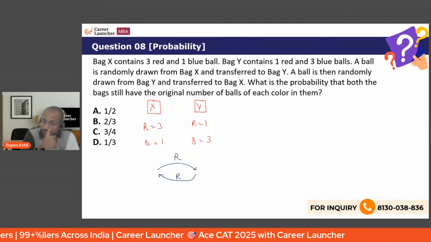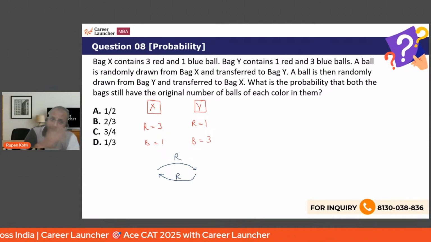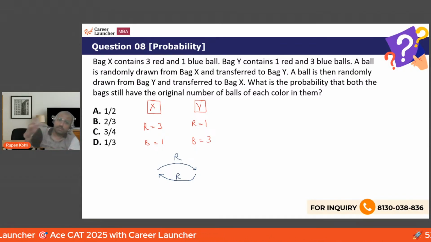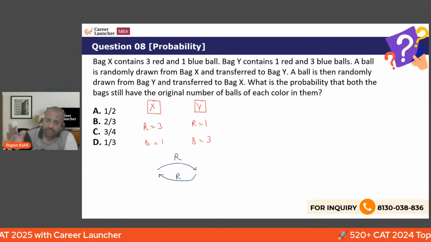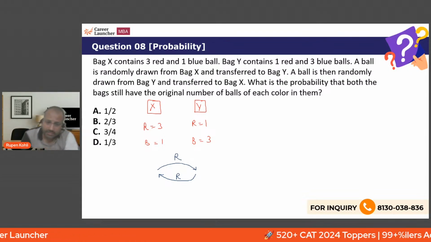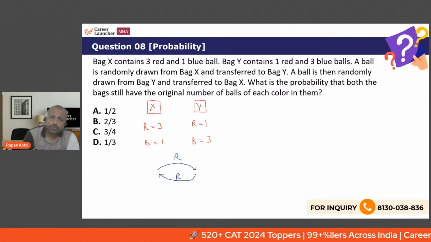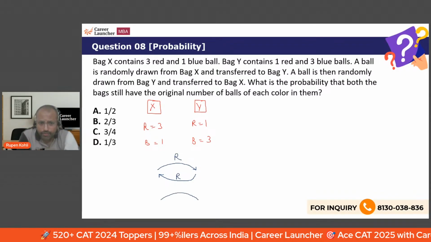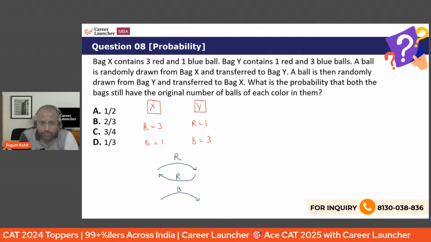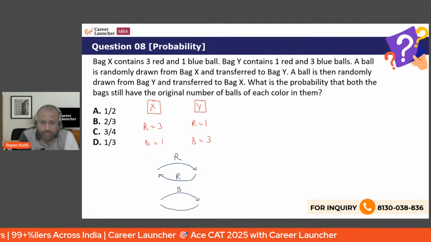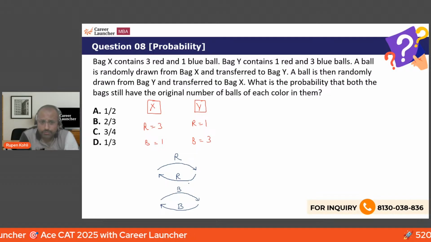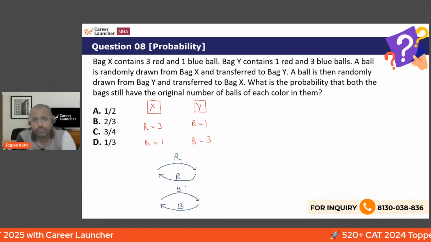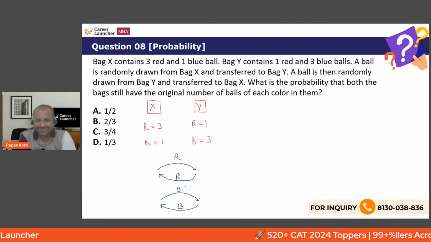So you take a red ball from bag X, put it in bag Y, and then again draw out the red ball from bag Y and put it back in bag X. But you could have drawn out a blue ball also, and then again you should have done the same thing. So either you do red and red back and forth, or you do blue and blue back and forth, right?